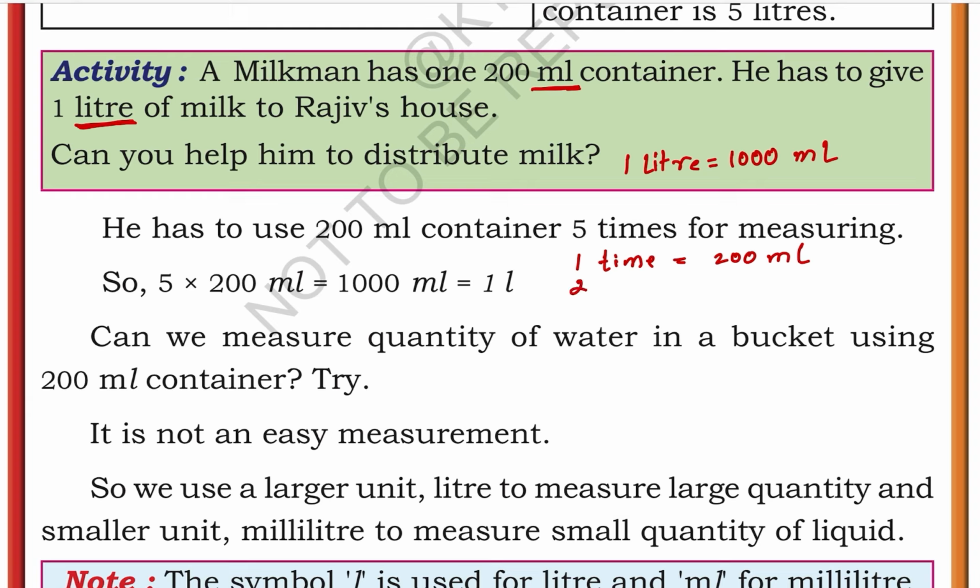For 2 times, the milk will be 400 ml. Likewise, if you calculate, if he does it 5 times, then it will become 1000 ml, which is equal to 1 liter. So, 5 into 200 ml will make 1000 milliliter, which is equal to 1 liter, right?